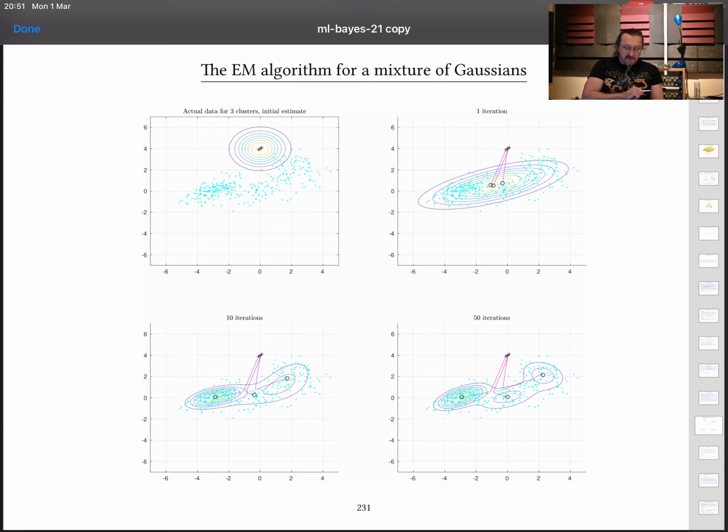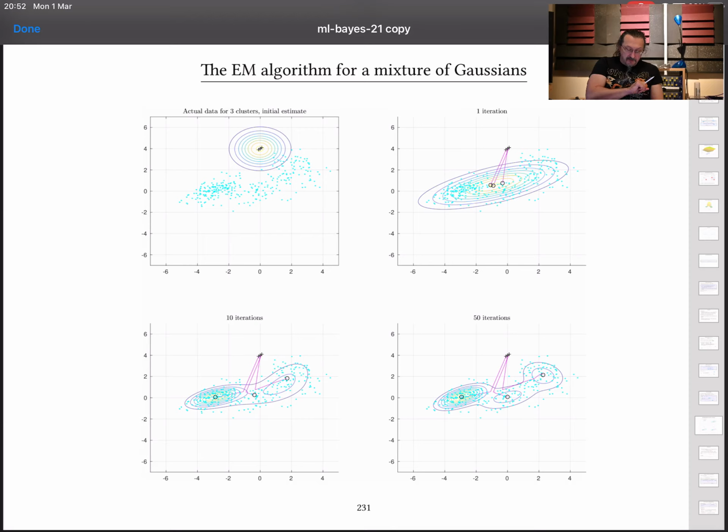The first upper left slide shows a somewhat arbitrary starting point of 3 clusters with very similar means and very similar covariances. And the top right shows what happens after the first iteration. Clearly that first iteration is enough to jump the means to somewhere in the middle of the data, which seems sensible, and to expand the covariances out so that they capture a more natural extent for the data. So that seems good.